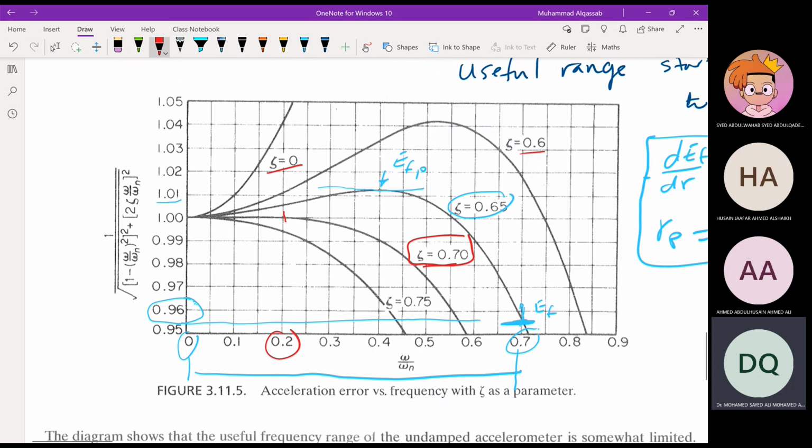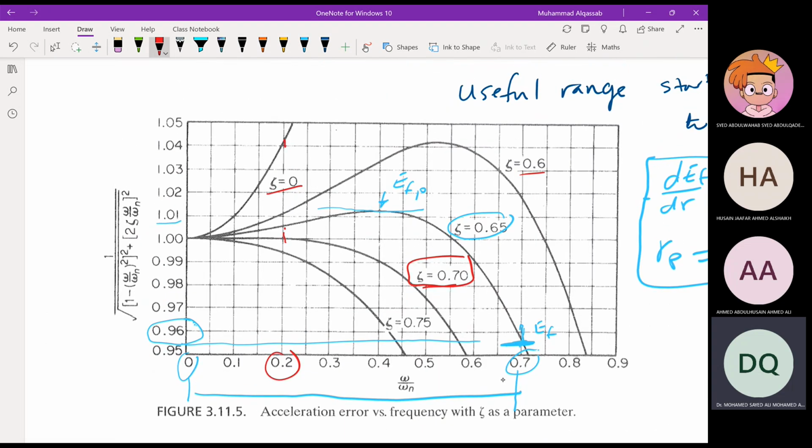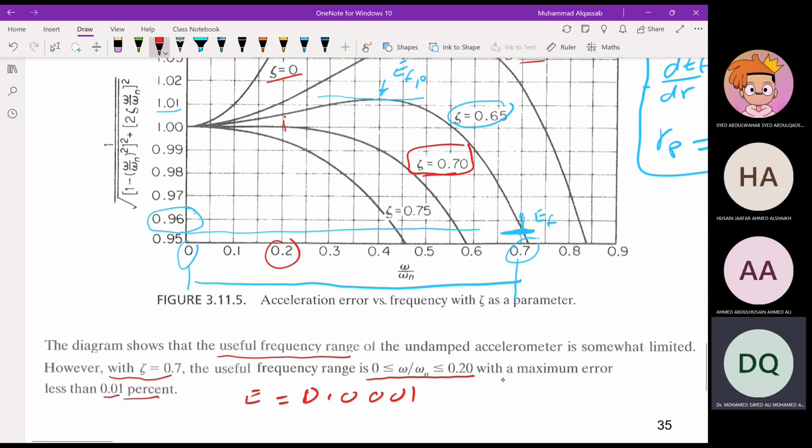But at the same range, when you use zeta equal to 0, the error is 4%. Here the maximum error for zeta equal to 0.7 is 0.01% as a comparison.